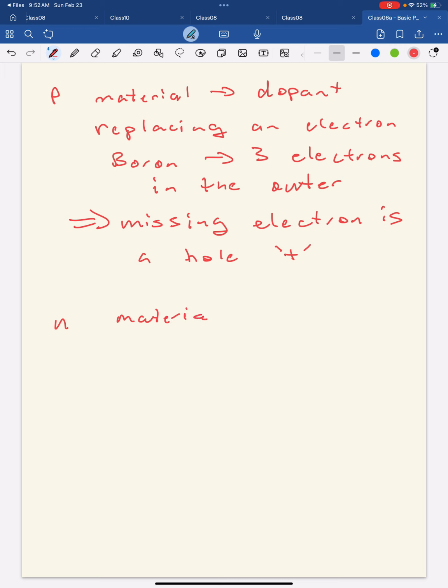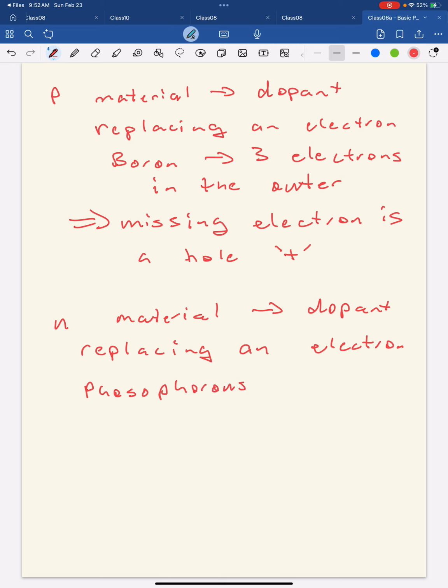We have our N material. And again, we have a dopant replacing an electron, so I can repeat that. A dopant can be something like phosphorus. So we have a very similar setup. But phosphorus has 5 electrons in the outer shell.